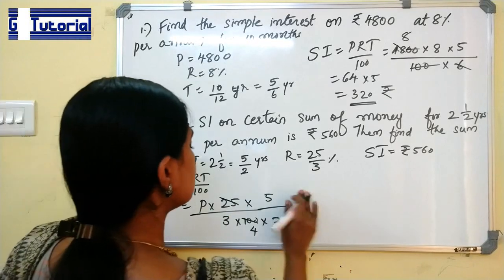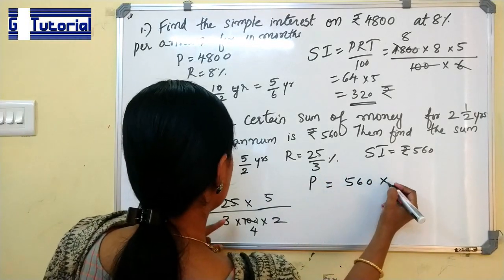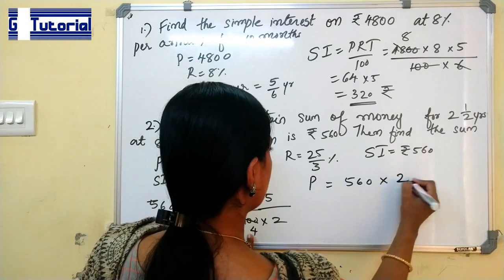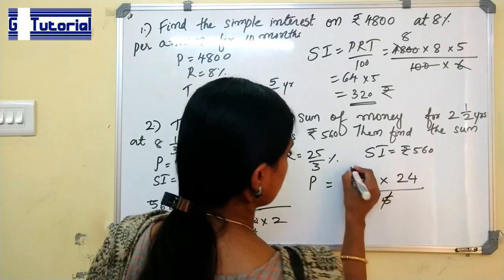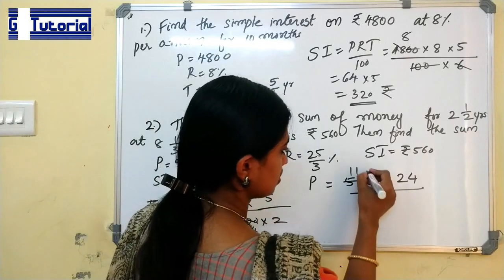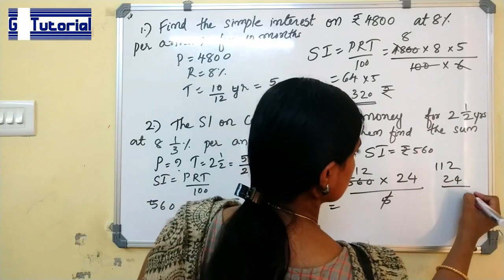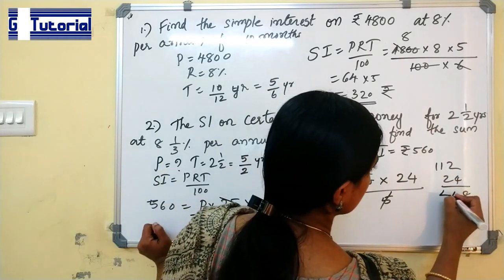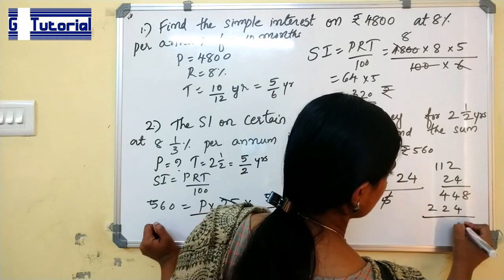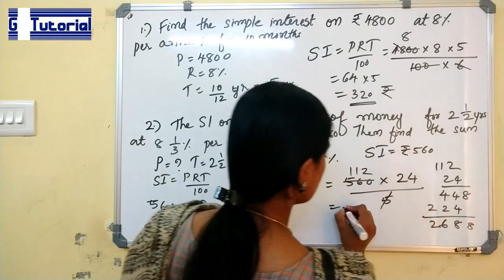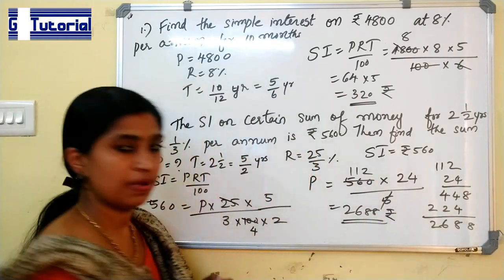So P is equal to 560 into 3 into 4, 6 4s are 24, divided by 5, which is 112 into 24, which is 2688 rupees. This is the value of principal.